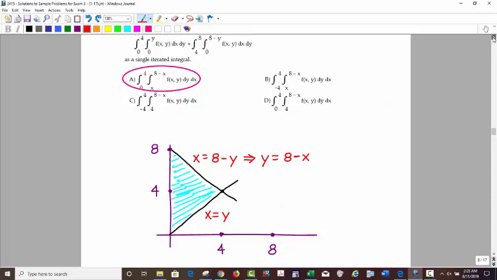That's super easy to solve, because you can just put in x equals y from the bottom equation to the top, and you get 2y equals 8, so y would be 4, and actually x would be 4. So it's hitting at the point (4, 4).